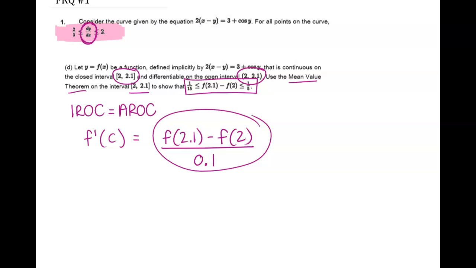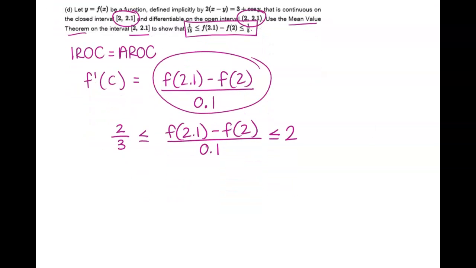We can replace dy dx with what I just circled. So 2/3 is less than or equal to f of 2.1 minus f of 2 divided by 0.1 is less than or equal to 2. Okay, so this is looking a little more like what we want it to, with f of 2.1 minus f of 2 in the middle.